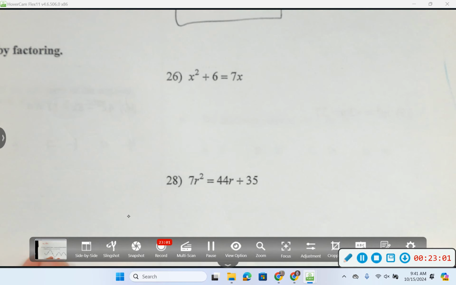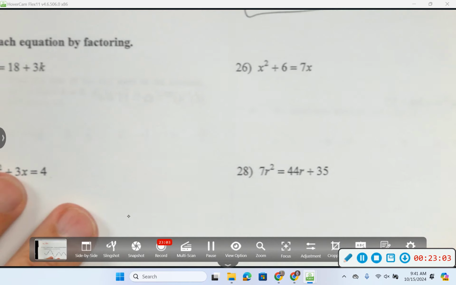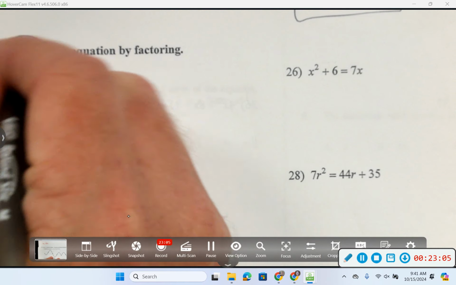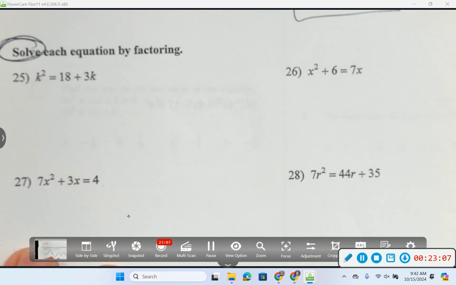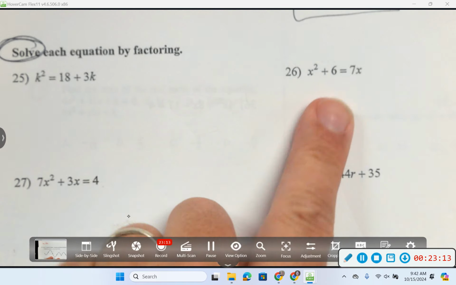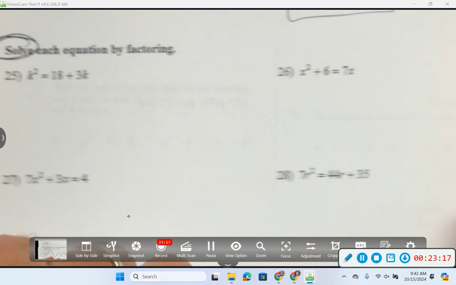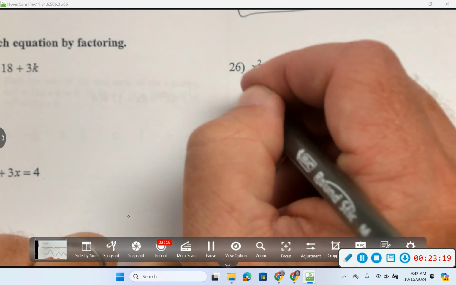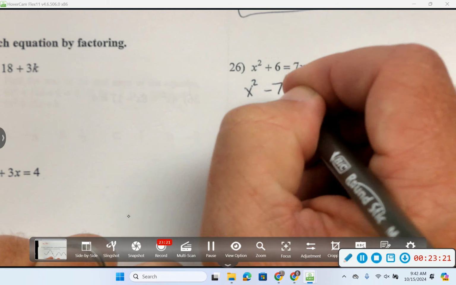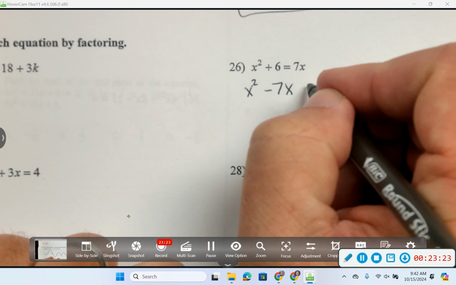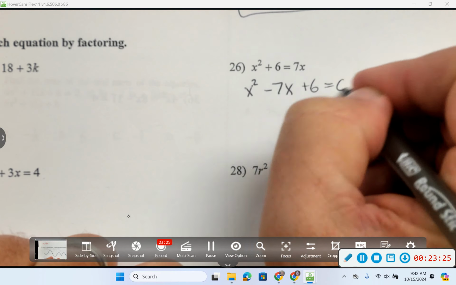Solve by factoring for 26. Solve. So what's my answer going to look like? It's going to be x equals. In fact, I should probably get 2 x equals because it's x squared. So I do want to factor, but I won't be done until I have x equals something. x squared minus 7x plus 6 equals 0.